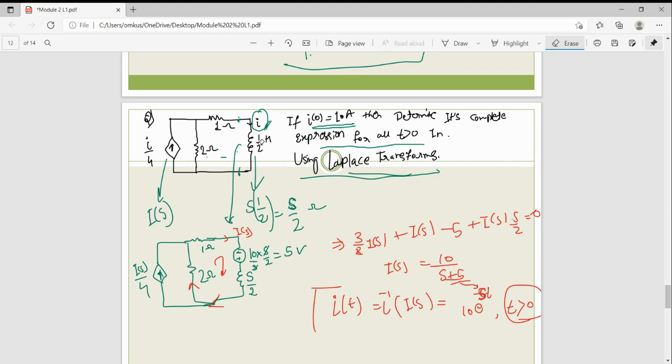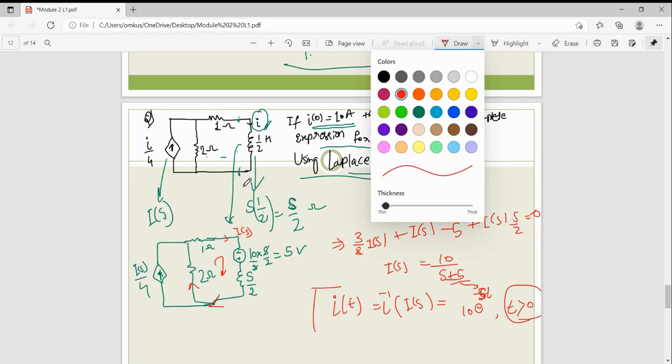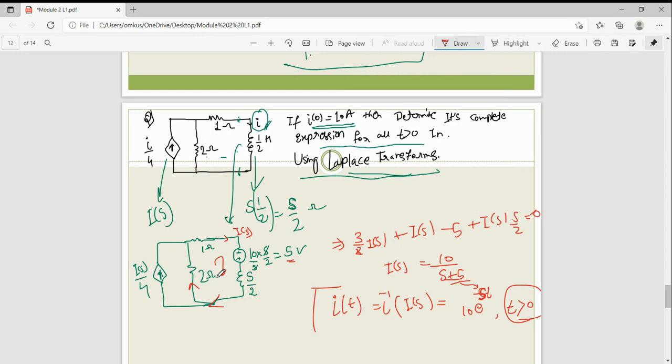Now this inductor is a predefined inductor with initial current, so we have already seen how to represent it in the Laplace domain. So when you solve this, you will get 5 volt.